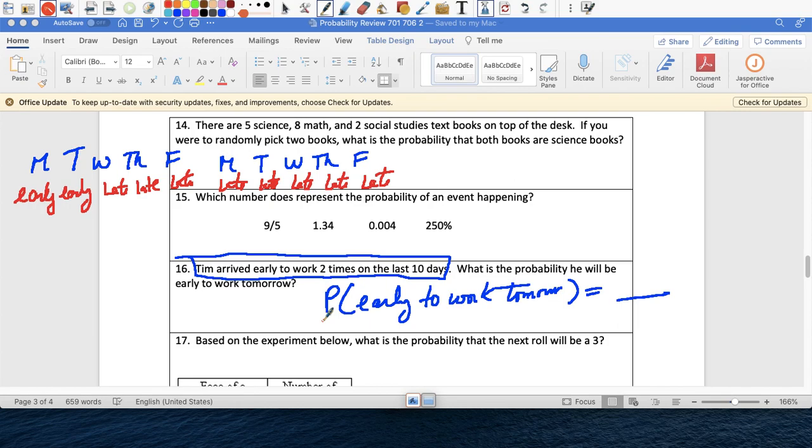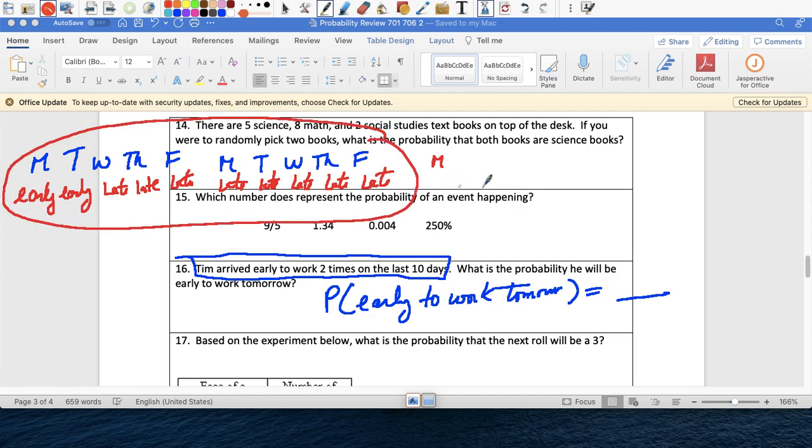What's the probability that tomorrow, Monday, he is going to be early or late? Well, let's look at his history. In the past 10 days, how many times did he come to work early? 1, 2. Only 2 times. If you change that to percent, you can say the chance of him coming to work early is only 20%.